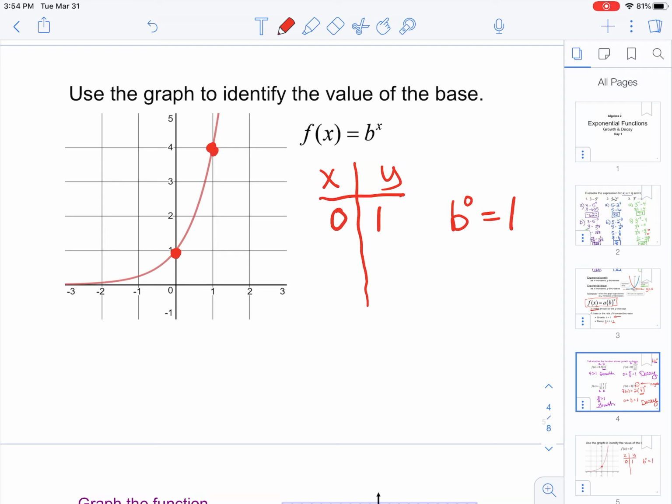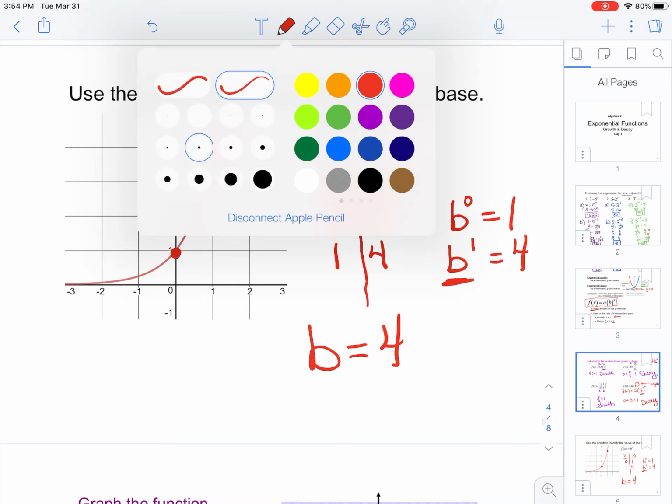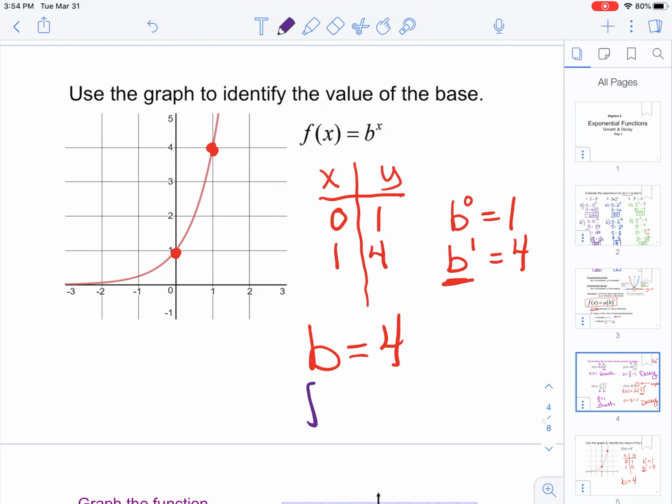Next number we know, our point, is 1, 4, which means b to the first equals 4. Well, what to the first power equals 4? B does. So b is going to equal 4. So our equation is going to turn out to be f of x equals 4 to the x.